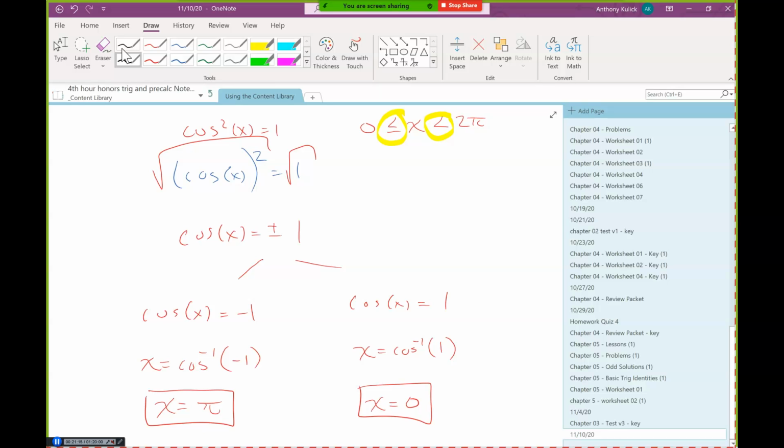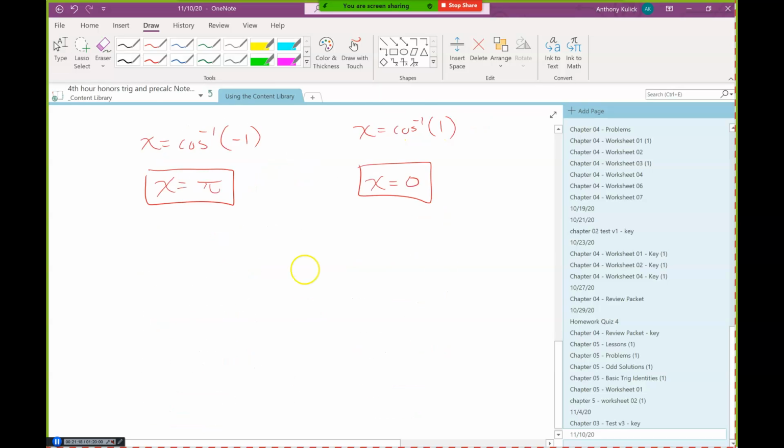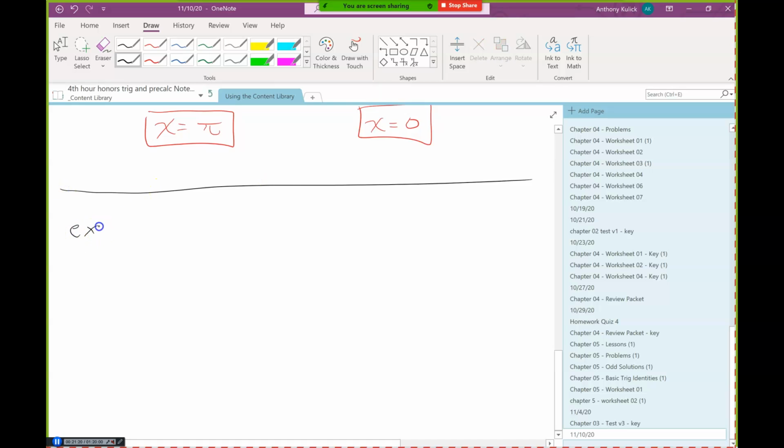Let's do another example. So let's do 3 times tangent squared x equals 1 on the interval 0 to 2 pi. Again, if I just want to translate that into an inequality, that's not a big deal.